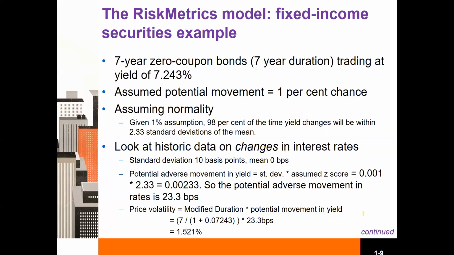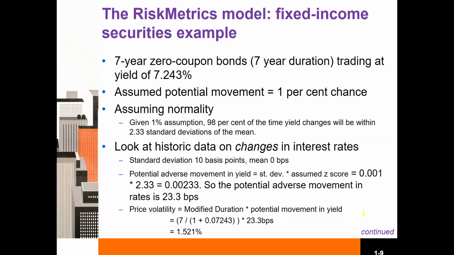If we assume that yield changes are normally distributed, we can fit a normal distribution to the histogram of recent past changes in the 7-year zero coupon interest rate to get an estimate of the size of the adverse rate move.